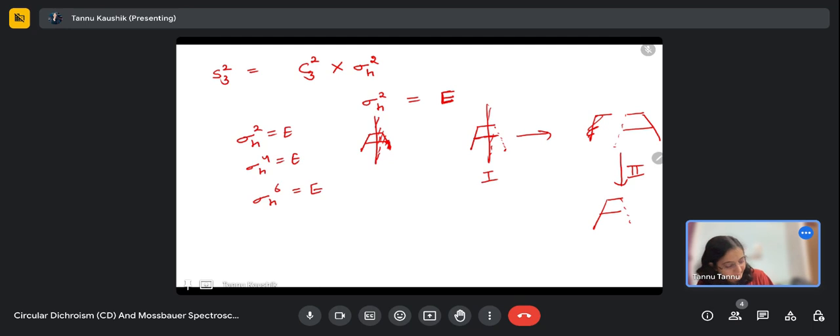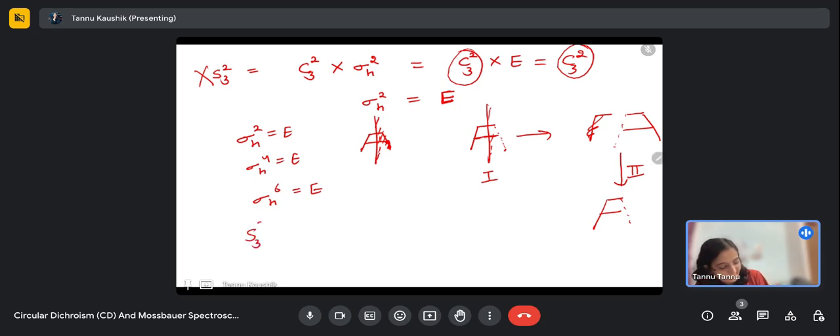That's why here you will get C32 into identity operation, and therefore as a result you will have only the C32 axis of rotation, which we have already counted. So this won't be counted again. S32 is not an improper axis of rotation that we have to count again, because it is equivalent to C32.